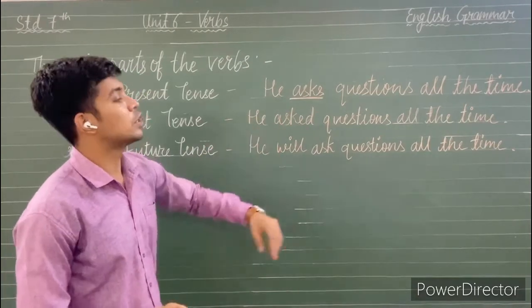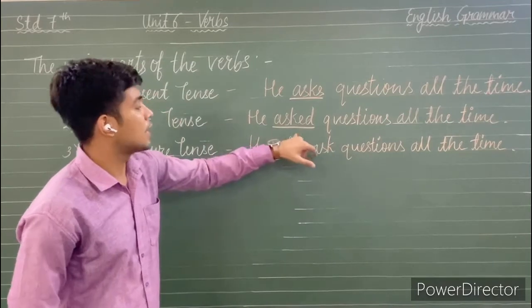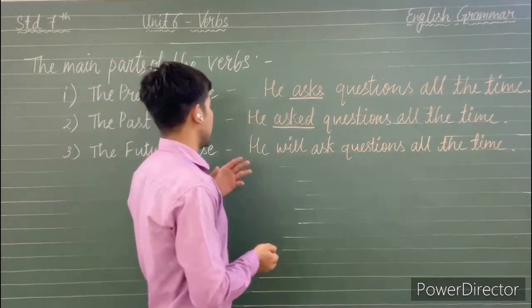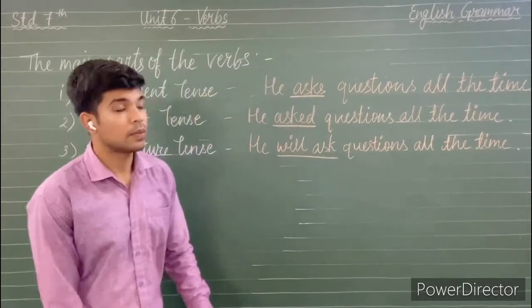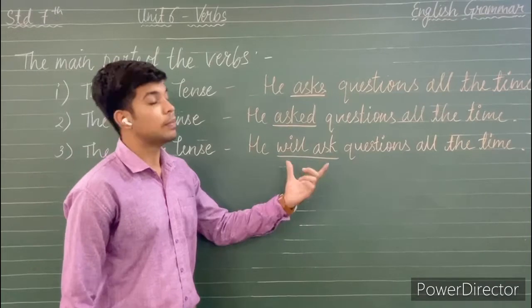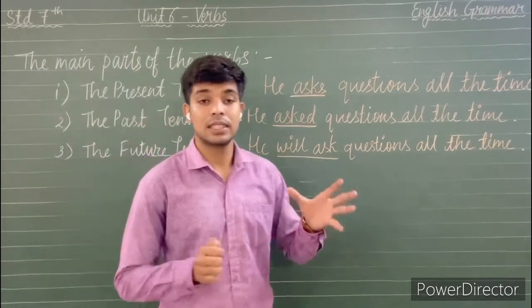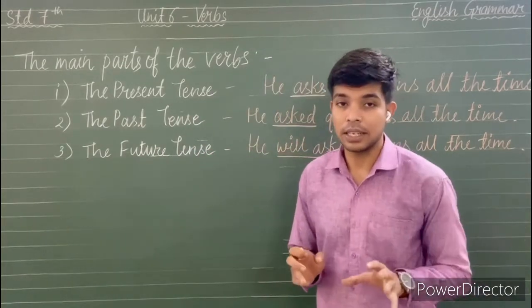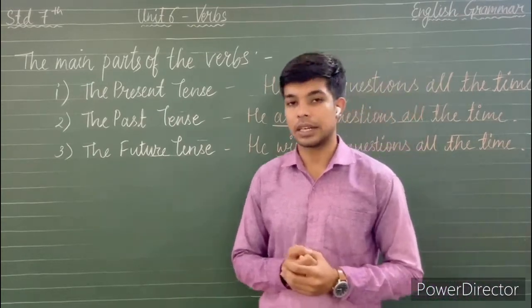He asked a question all the time. Here it turns into asked because this is the past tense. And he will ask questions all the time. It will ask because that is the future tense. So this explains that the verb in a sentence depends upon the tense of the sentence.